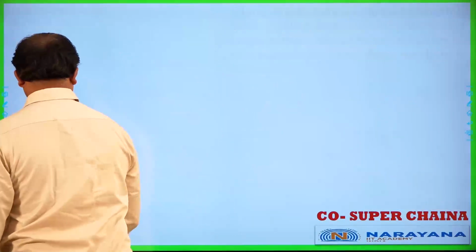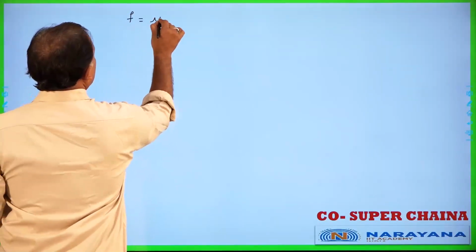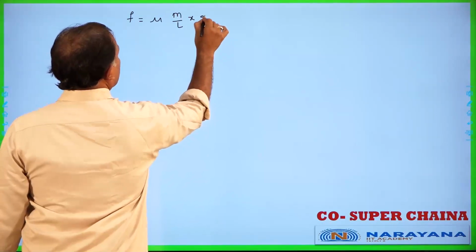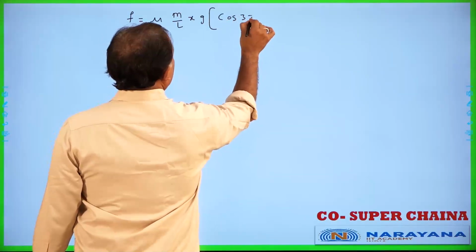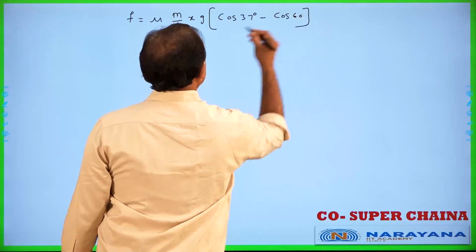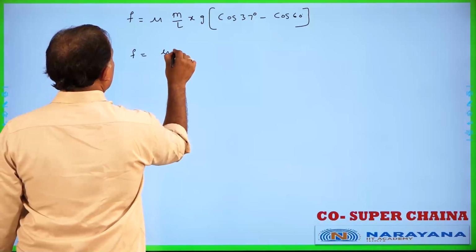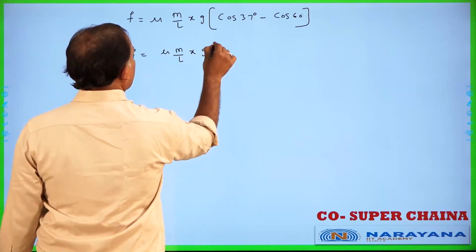Now I am substituting that one. So friction is equal to mu into m by L into x into g, into cos 37 minus cos of 60 degree. So then friction will be equal to mu m by L into x into gravity.